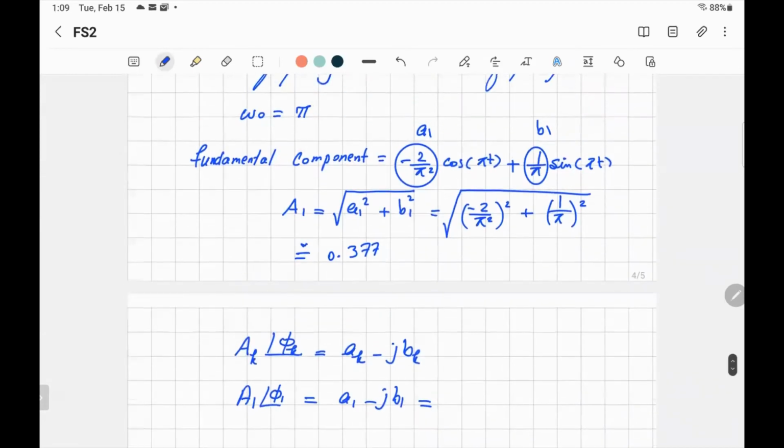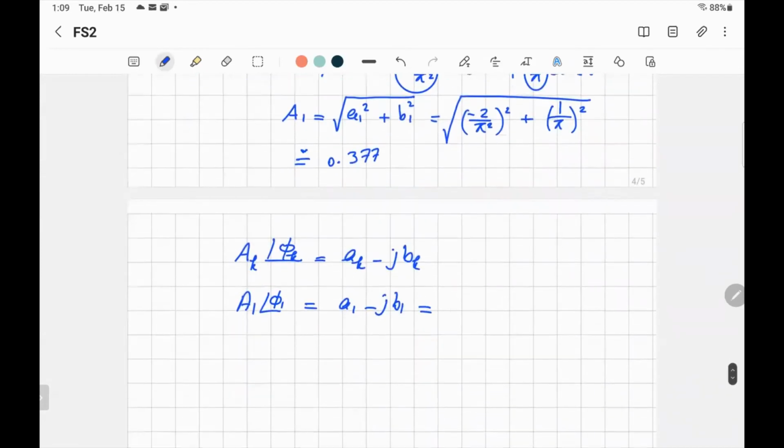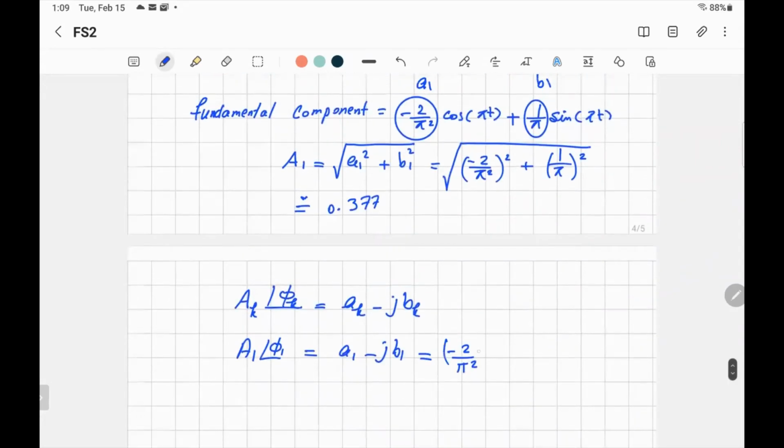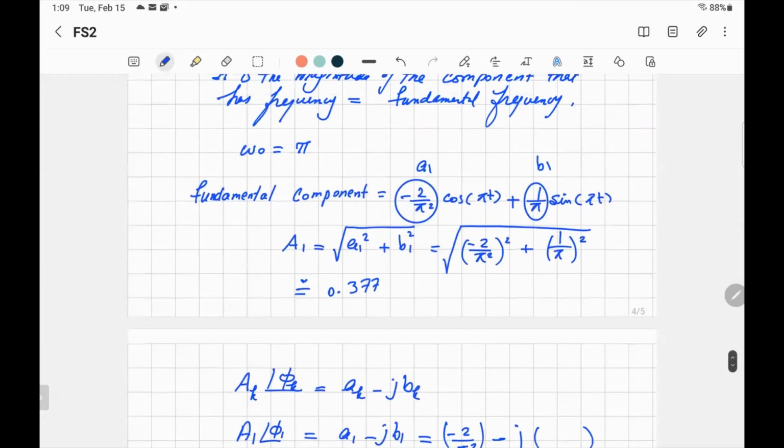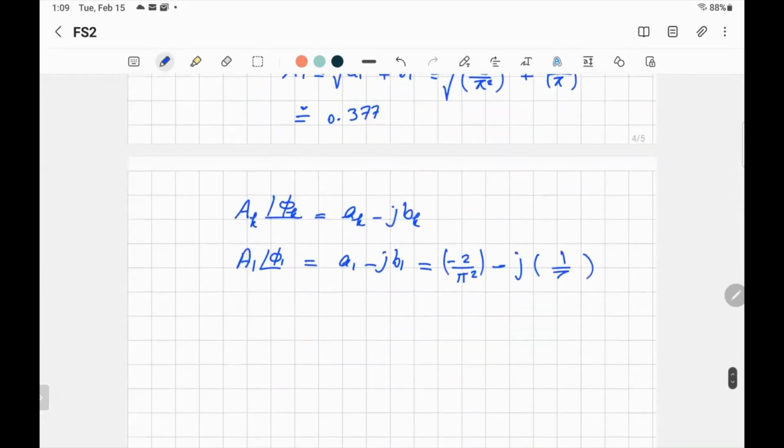A1 is -2 over pi squared, and B1 is 1 over pi. So that would be -2 over pi squared minus j 1 over pi.